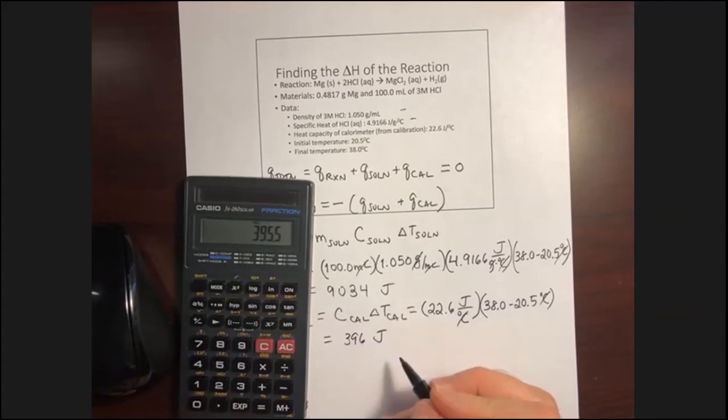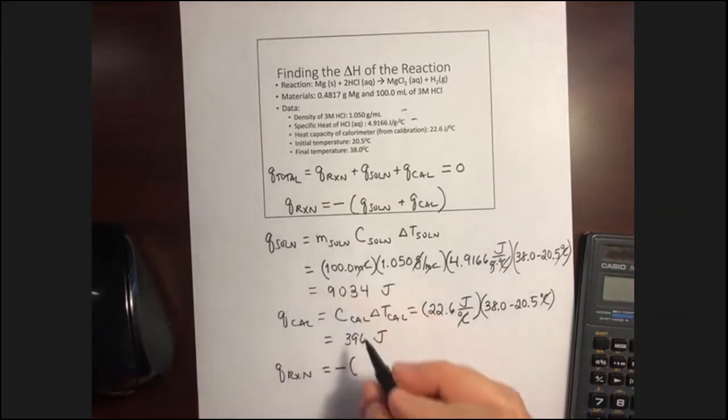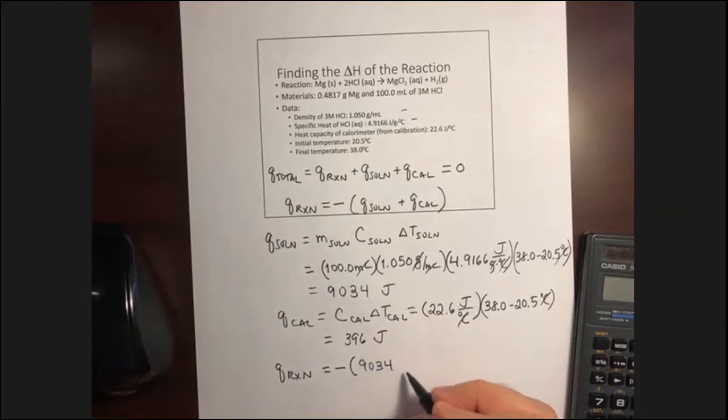We're going to round it up to 396 joules. All right. And so the heat of our reaction would be minus the heat of the solution, which was 9,034, plus the heat of the calorimeter, which is 396. Notice that both of these are positive because the solution and calorimeter should have absorbed the heat that was released by our exothermic reaction.